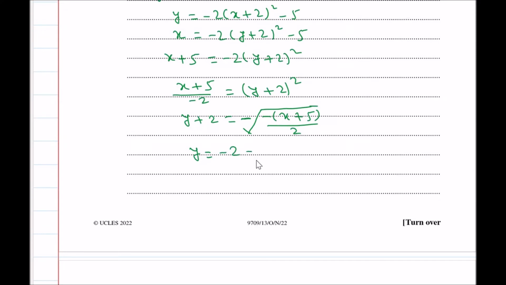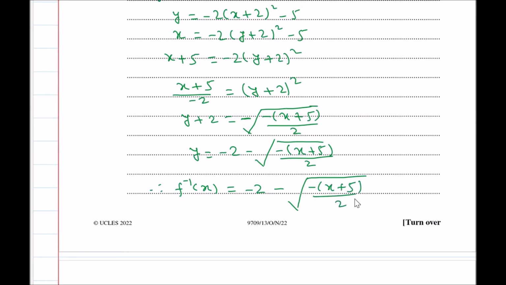It becomes minus 2 minus root under minus x plus 5 divided by 2. So at the end we should write f inverse x is equal to minus 2 minus root under minus x plus 5 divided by 2. This is your answer.